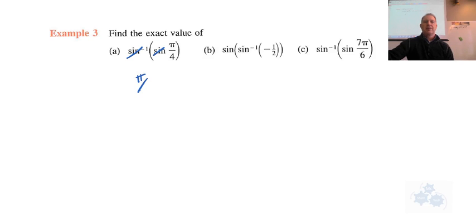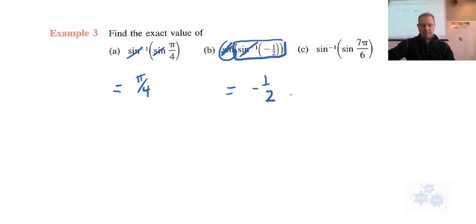And so the answer here is pi over 4. If you have sine to the negative 1 of something here, the sine and the sine to the negative 1 as a composite function cancel each other out. And then of course same thing here. Those just cancel each other out. Okay?